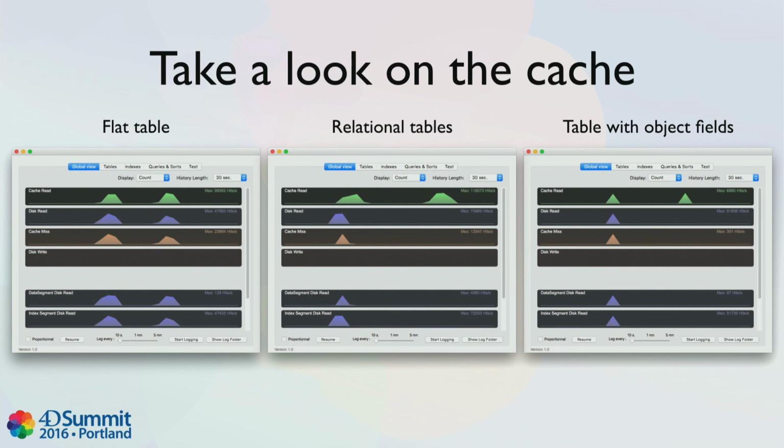Because with a flat database, we need a lot of indexes. As my test randomly changes the field, we need to change the index, and we need a lot of room for the indexes. So it's a huge perturbation for the cache.